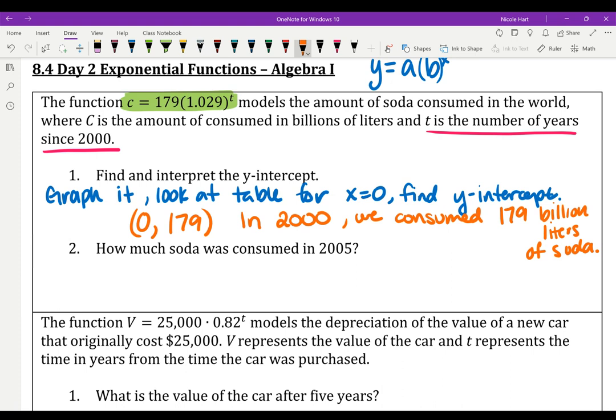Now, part 2 of this question is asking us to find out how much soda was consumed in 2005. If our initial year is 2000 and it's now 2005, our T for years is 5 years. So we're going to take the formula. Again, it should still be in your calculator if you looked at the y-intercept. And we're just looking at the table and finding the value for x when x is 5 to see what y is.